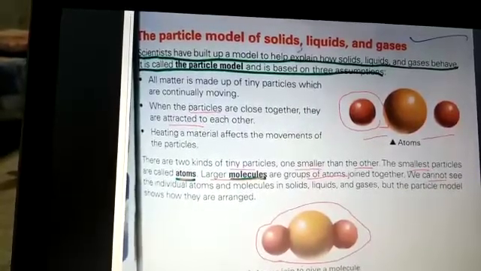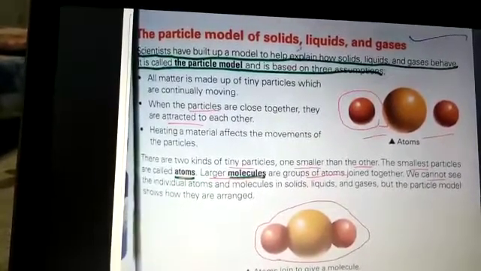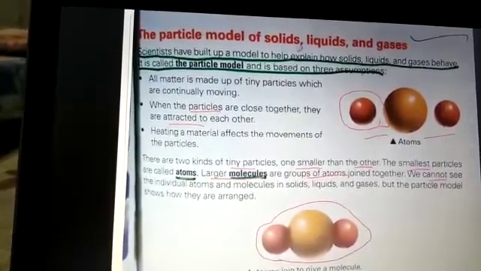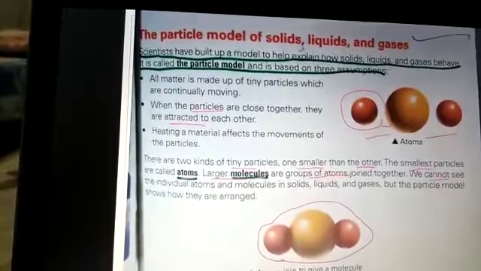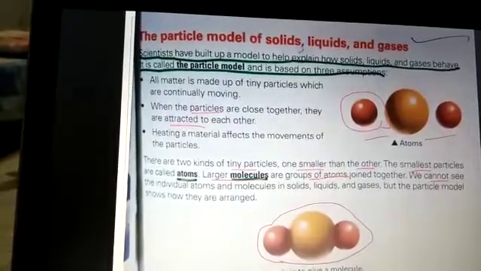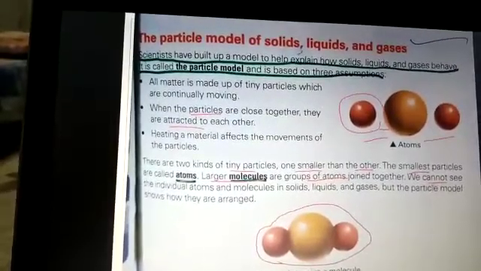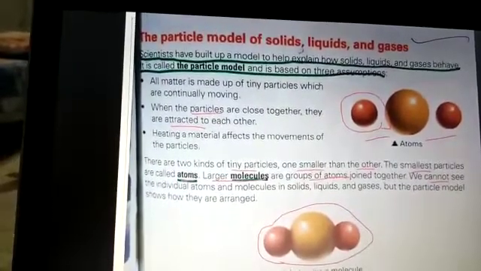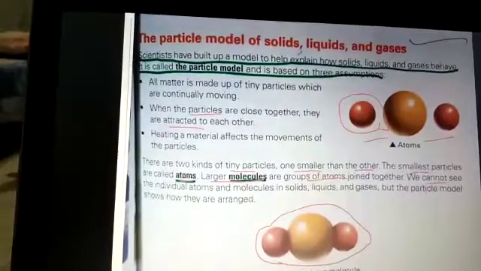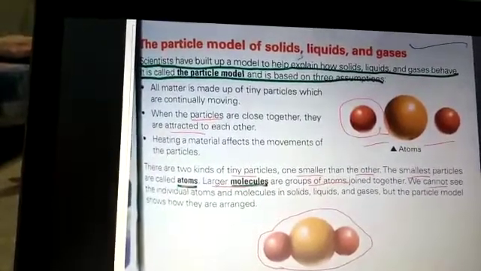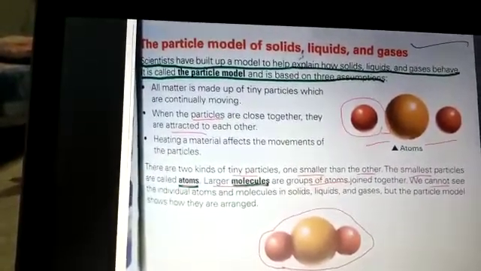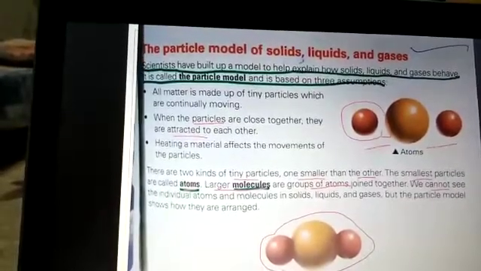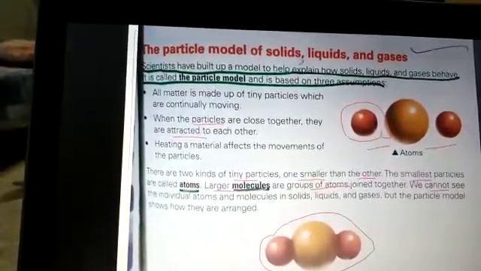There are two kinds of tiny particles, one smaller than the other. The smallest particles are called atoms. The definition of atom and molecules are very important. The smallest particles are called atoms, and when these atoms are joined together with one another, they make a larger molecule.